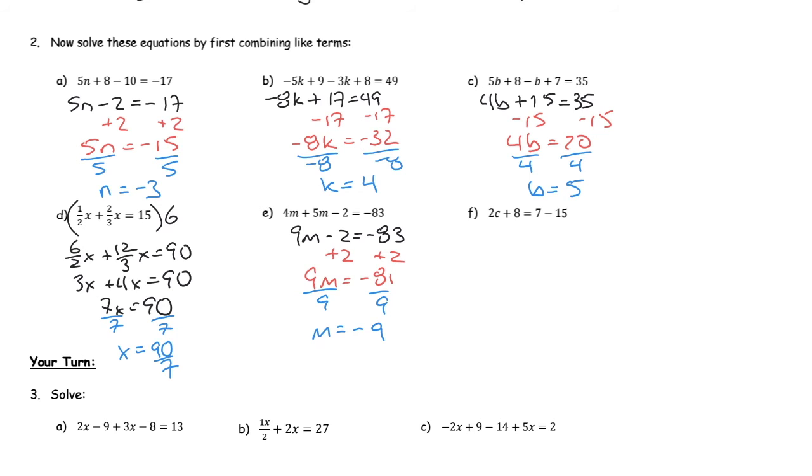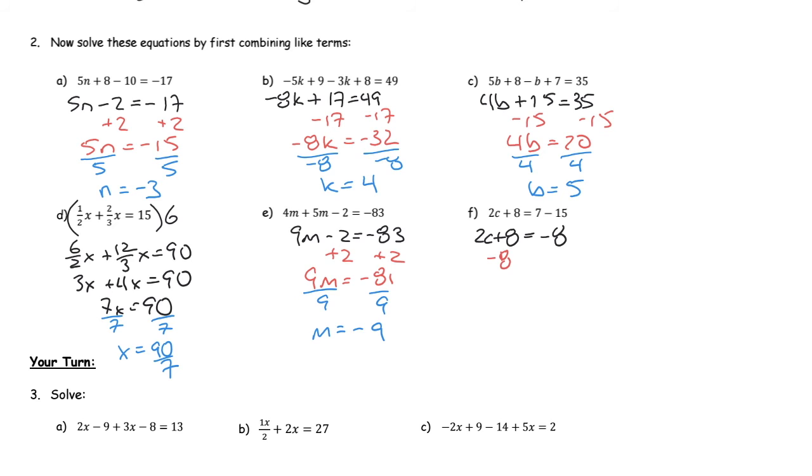And then lastly here, notice what's going on in this one. It's a little different than the ones we've just done, because on the left-hand side, where most of our work gets done, it's already basically simplified. On the right-hand side, this is where the work needs to be done. 7 minus 15 is going to be negative 8.